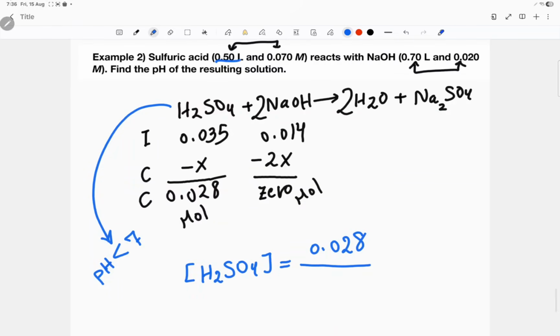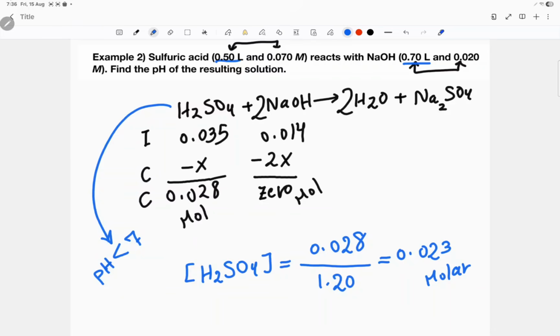So combine the 0.50 and the 0.70, because they're together, because you're mixing them. How much do we get? 1.20. So 0.023 molar, correct.